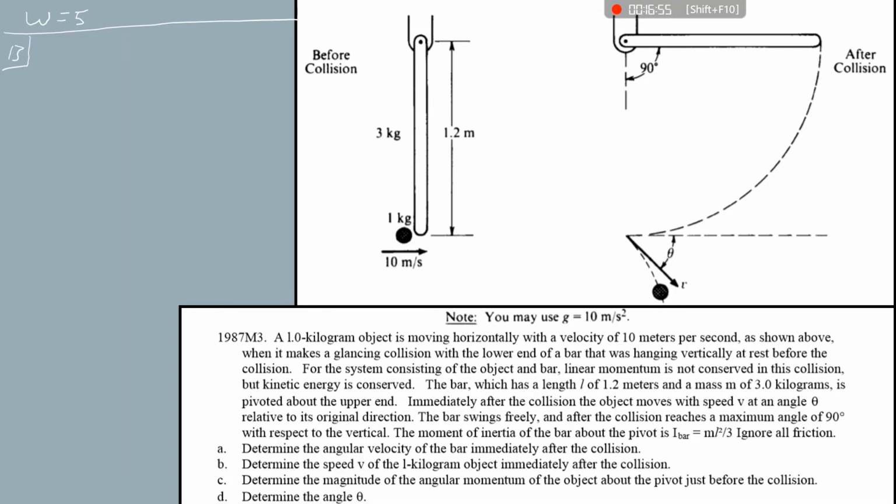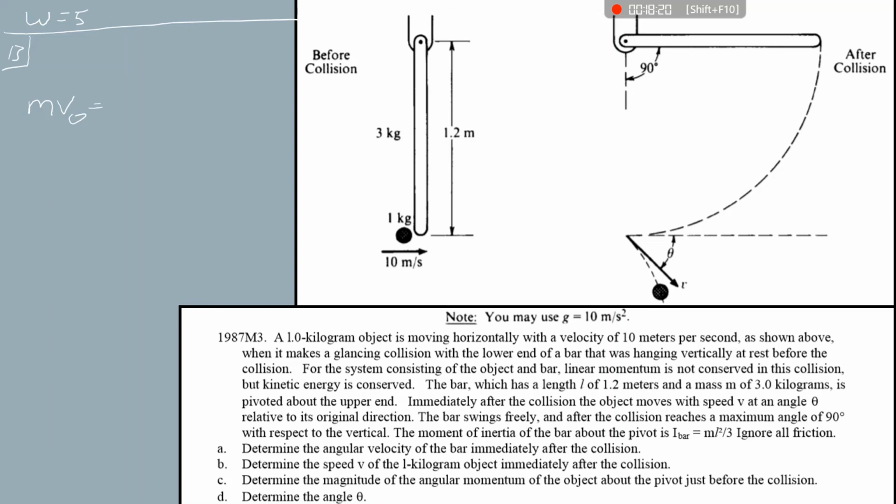Okay, so I'm going to write mv naught equals, and times r, I think, but we don't know r. Okay, my linear momentum's not conserved. I don't think this is going to work. I think we need to look at energy.